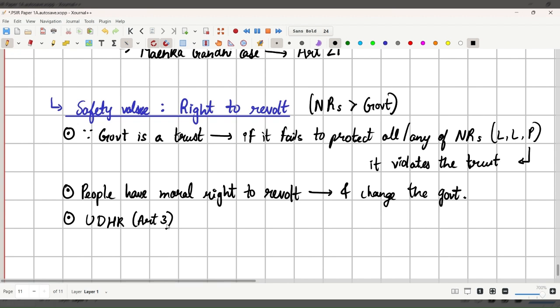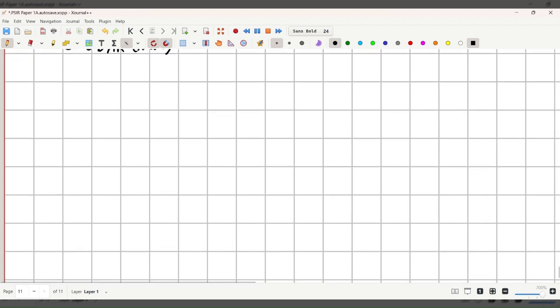Then a few value additions here. So first scholar link is CB Macpherson.